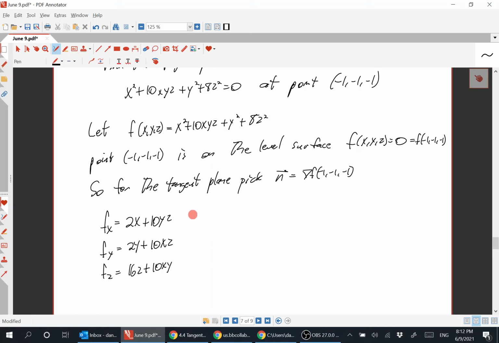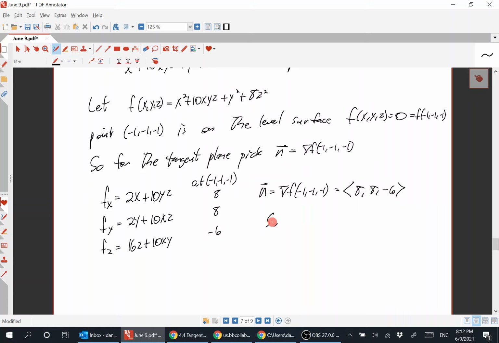So at -1, -1, -1, what do we get here? This is -2 plus 10, which is 8. -2 plus 10 is 8. -16 plus 10 is -6. So the gradient of f, which is going to be the normal vector, is equal to 8, 8, -6.